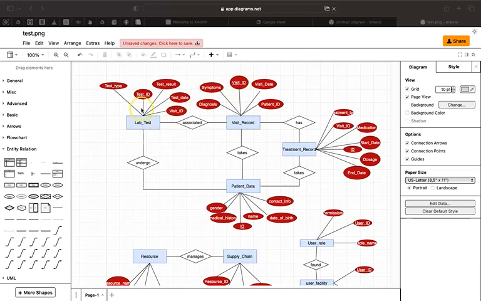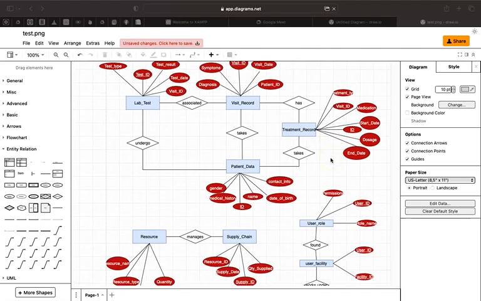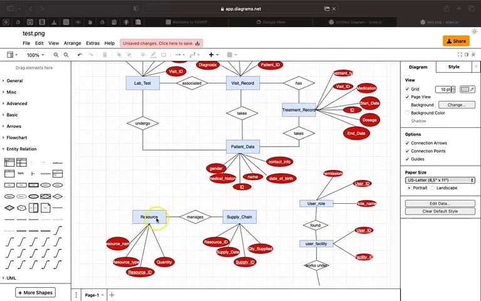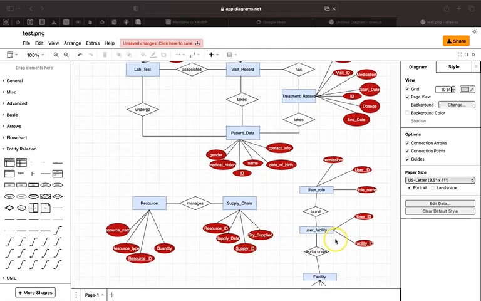The lab test has the primary key, which is the test ID. Treatment record has the primary key, which is record ID. Resource has the primary key, which is the resource ID. Supply chain has the primary key, which is the supply ID.